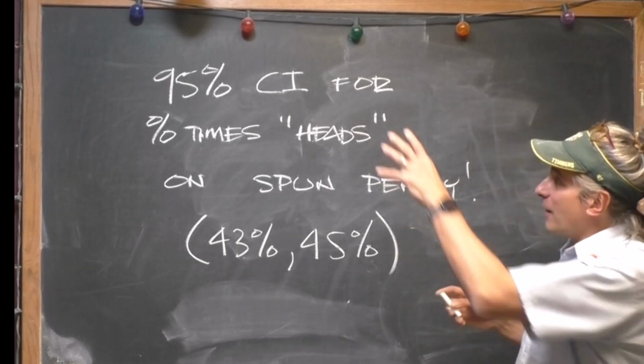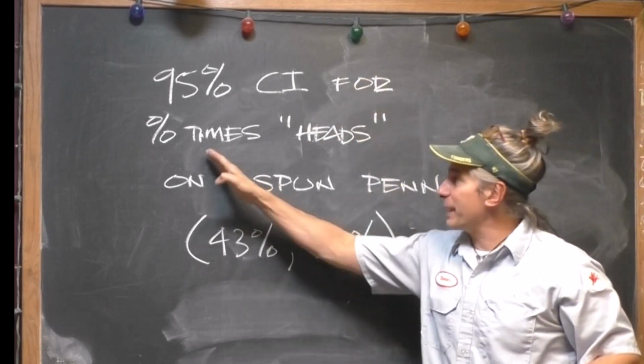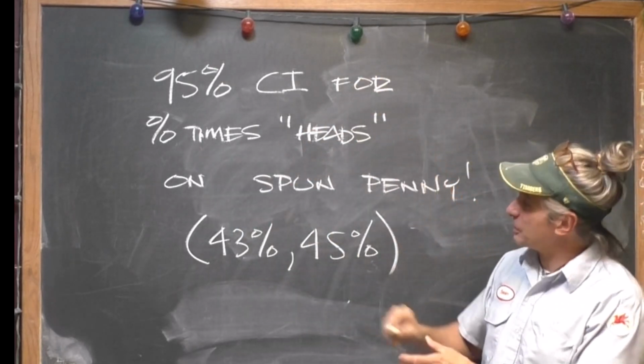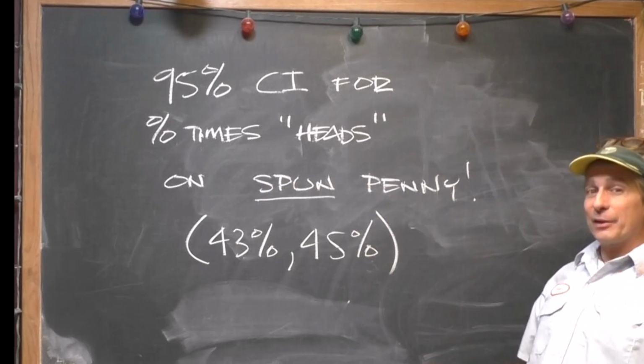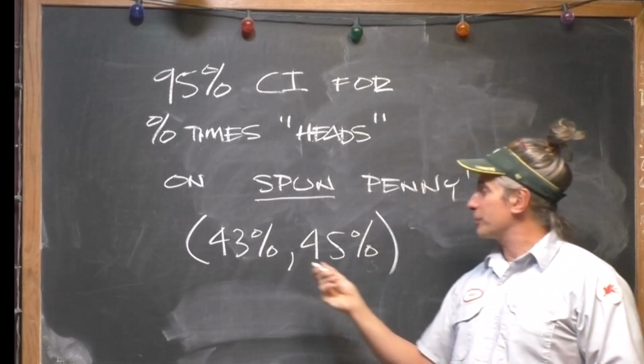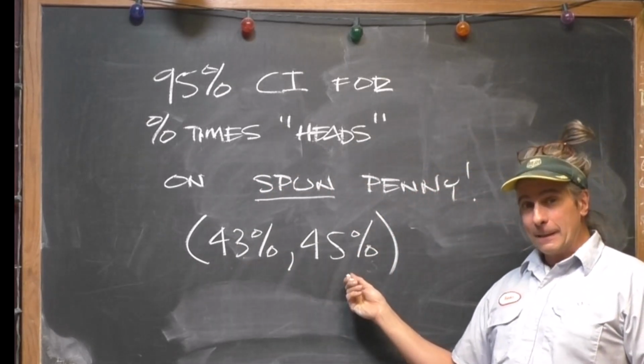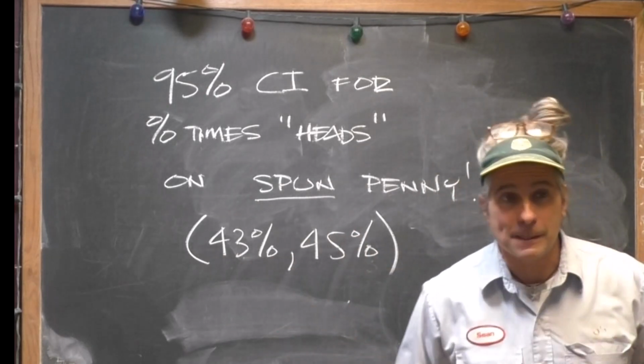And the 95% confidence interval for the percent of times we actually get heads on a spun penny, we calculated to be between 43% and 45%. That's over tens of thousands of trials.